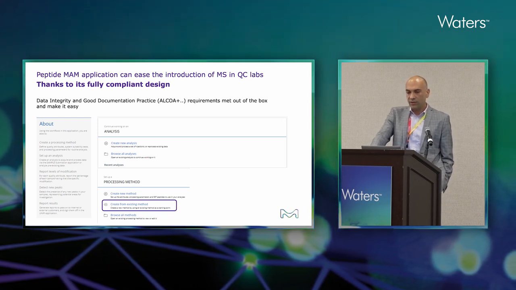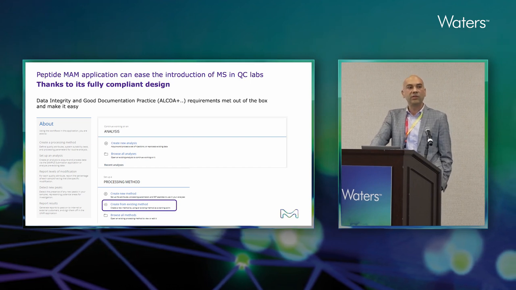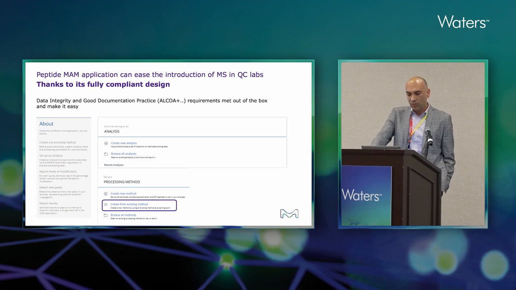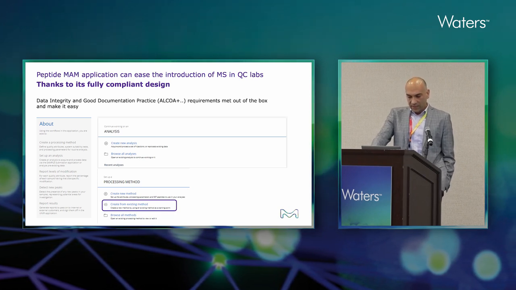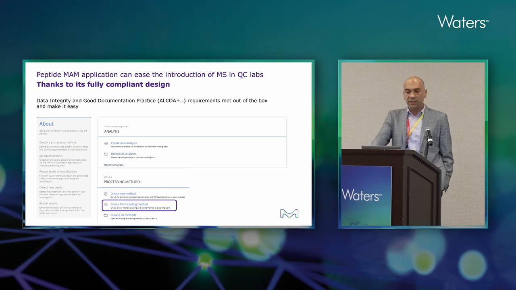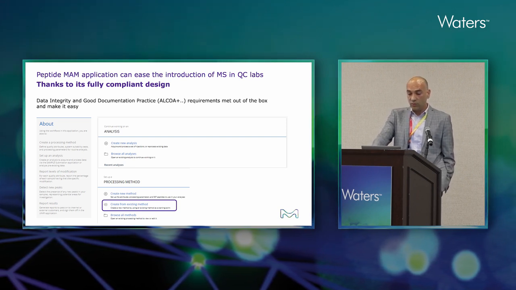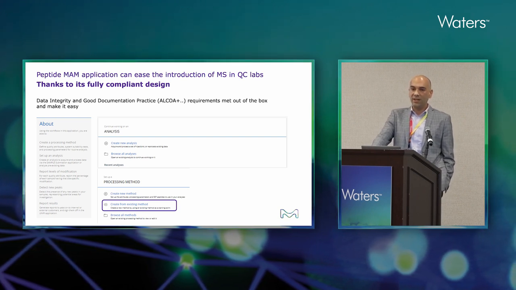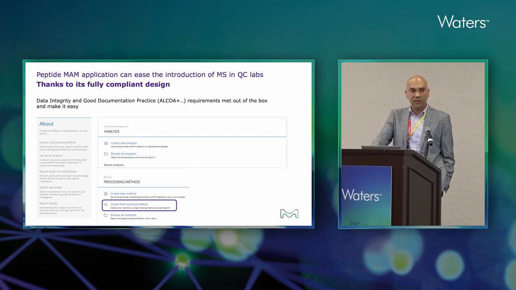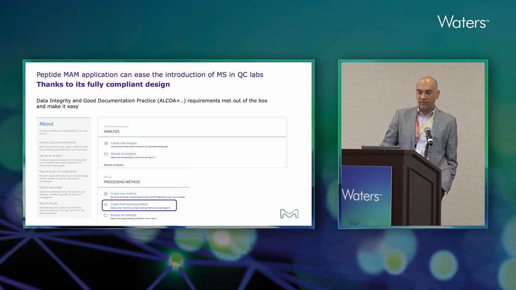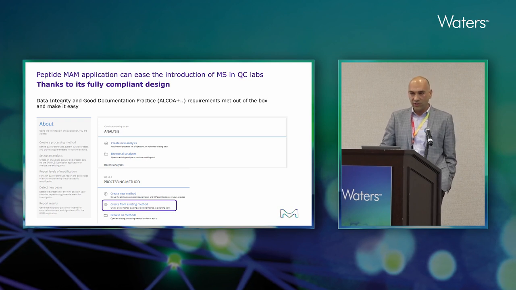It has all the functions required, and it does not have the functions that you don't need, because there are several things that you don't want to do when you are in QC. For example, the thing that I like most in this application is that once you have created a processing method and you use it to process your data, you cannot modify your processing method by mistake while you are doing it. If you want to modify the method, the only way to do it is to exit the analysis and create an analysis from an existing method or from scratch. So you actively choose to do so.